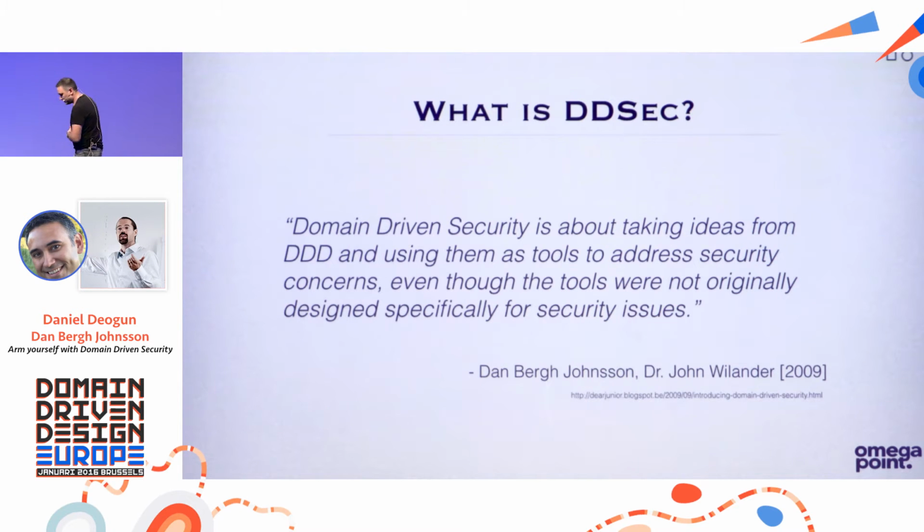So we talked a lot about domain-driven design. So what is this domain-driven security? Well, like I said in the beginning, domain-driven security is all about picking tools and concepts out of domain-driven design and using them to actually address certain security issues. Okay, but Daniel, seriously, have we solved any security issues?